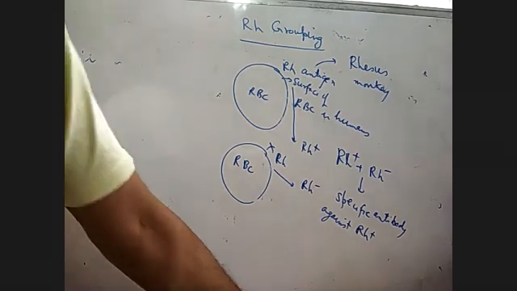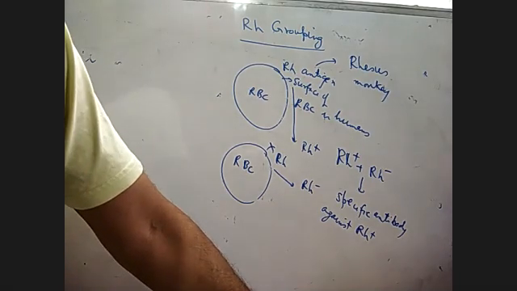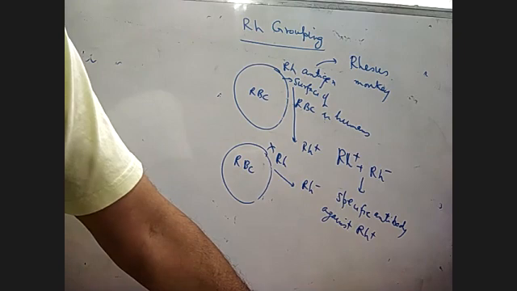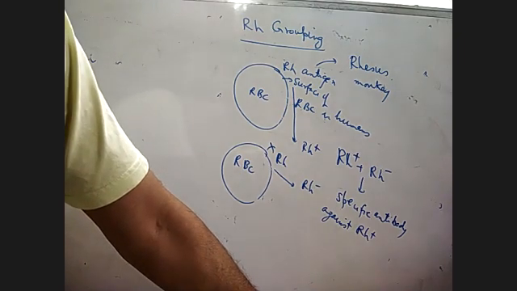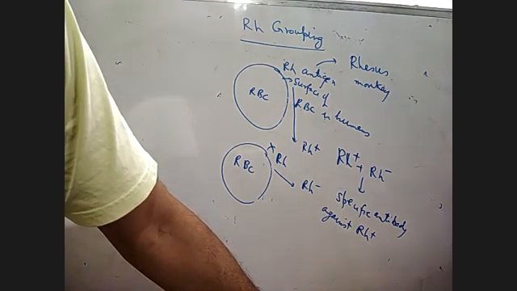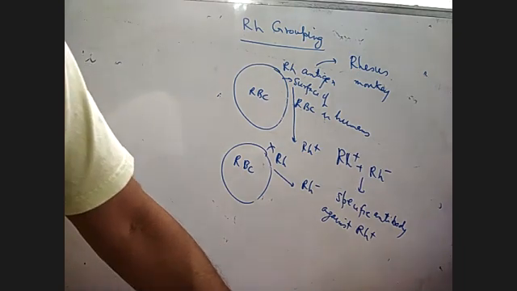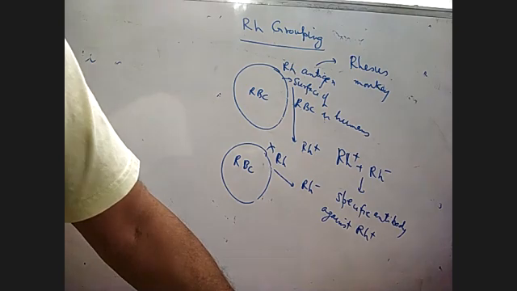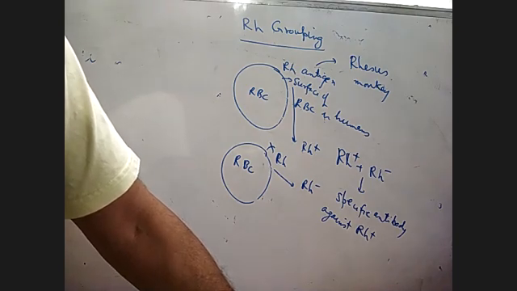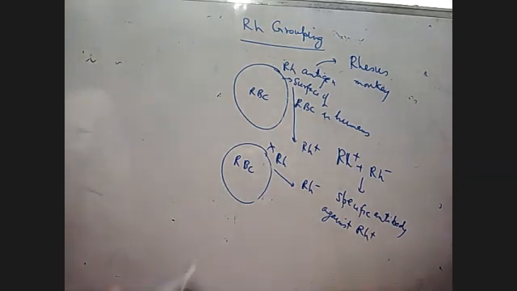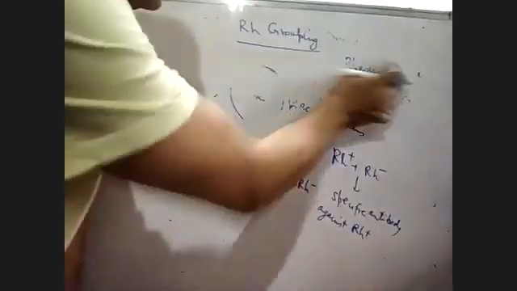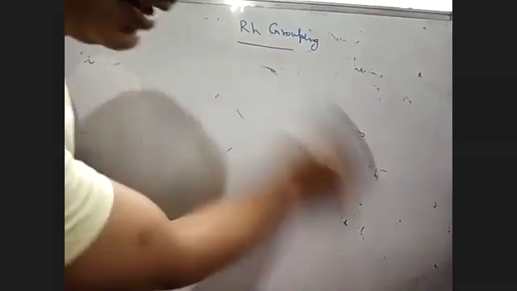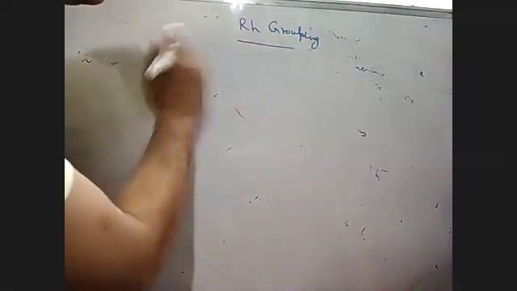Now here there is a disease that will be formed if the two blood groups, RH positive and RH negative, do not match. This is called RH incompatibility or mismatching. Here one very important question is asked in the NEET exam.